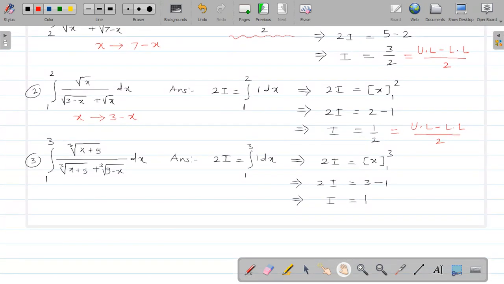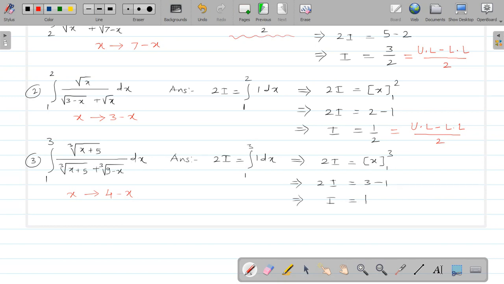Then in the third example also, it is the integration from 1 to 3 of cube root of x plus 5 upon cube root of x plus 5 plus cube root of 9 minus x. Here we have replaced x with 3 plus 1 minus x, that is 4 minus x, and after that replacement the addition of the two integrations again gives 1.